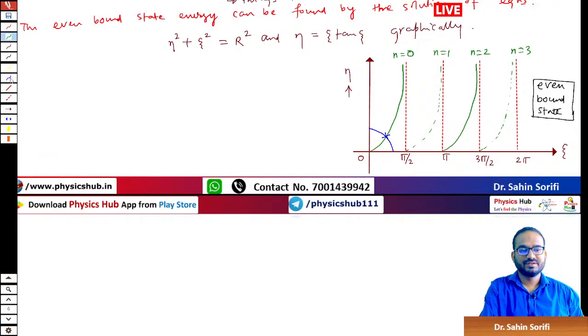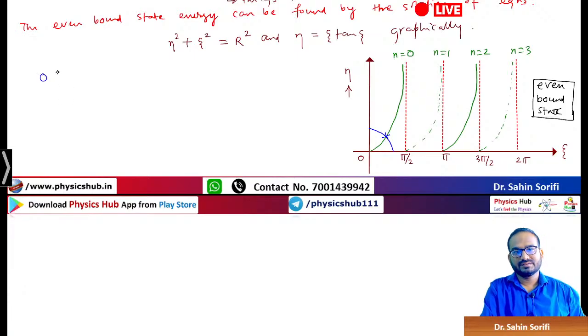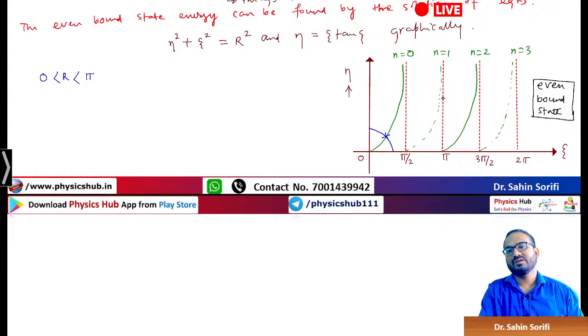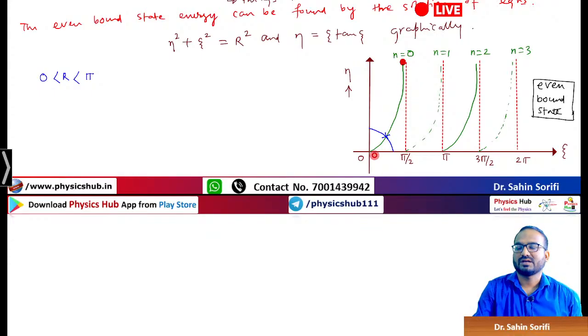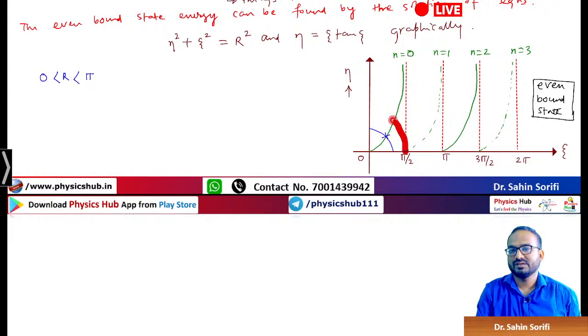So when the radius is 0 to pi, at how many points will it cut? In between 0 to pi, you see how many even bound states will be cut. Whether you take a radius like this, it is cutting at one point. Here also it is cutting at one point. Even if you take a radius more than pi by 2, it is still cutting at one point, and with pi also it is cutting at one point.